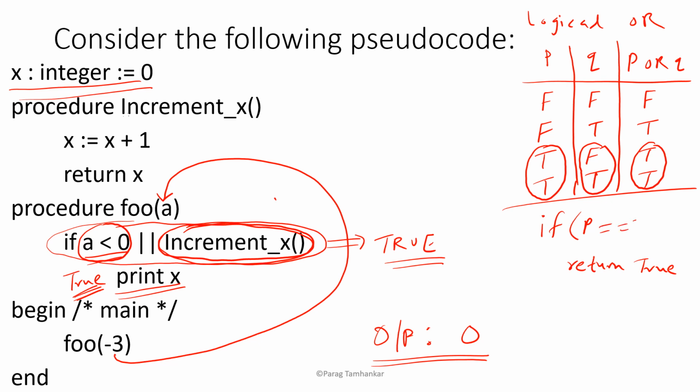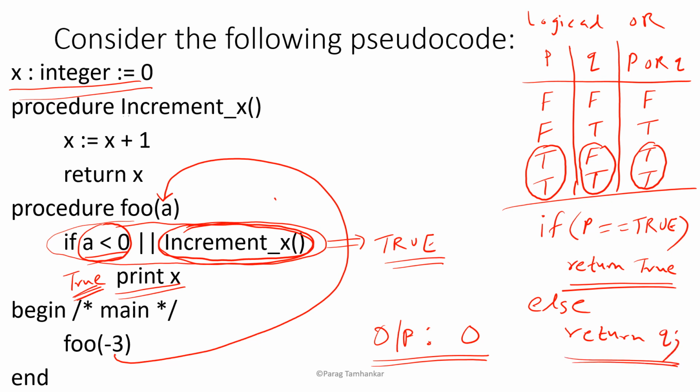If P is equal to true, then return true. Else, if P is false, then you can return Q, because then whatever Q is, if Q returns true, the result is true. If Q returns false, the result is false.